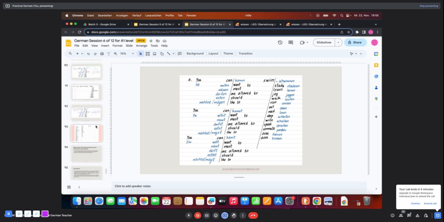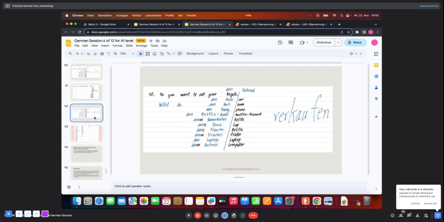And then you try to write yes or no kind of questions. So I want to sell my bicycle: ich will mein Fahrrad verkaufen, and then you try to write that for do you want to, then it will be willst du. It's good to learn something and then see in how many different ways you can say it.